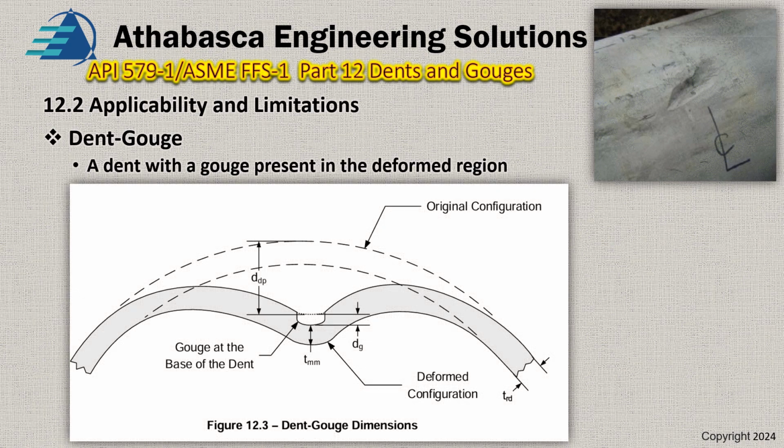As, of course, we talked about last time, we have dents, we have gouges, and then we have a combination of a dent and a gouge.